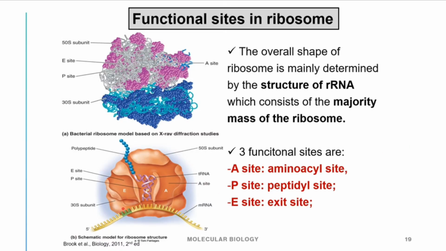The reason why I'm going from right to left is that on the right, the A site is the place where tRNA enters the ribosome, and the E site is where the tRNA exits the ribosome. So when you go from right to left, we are moving in the same direction as the transfer RNA, the tRNA, in the ribosome.